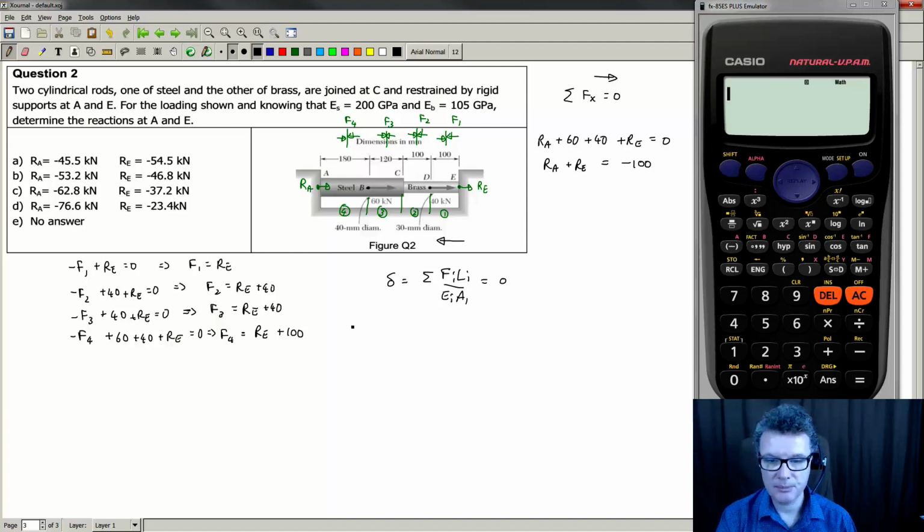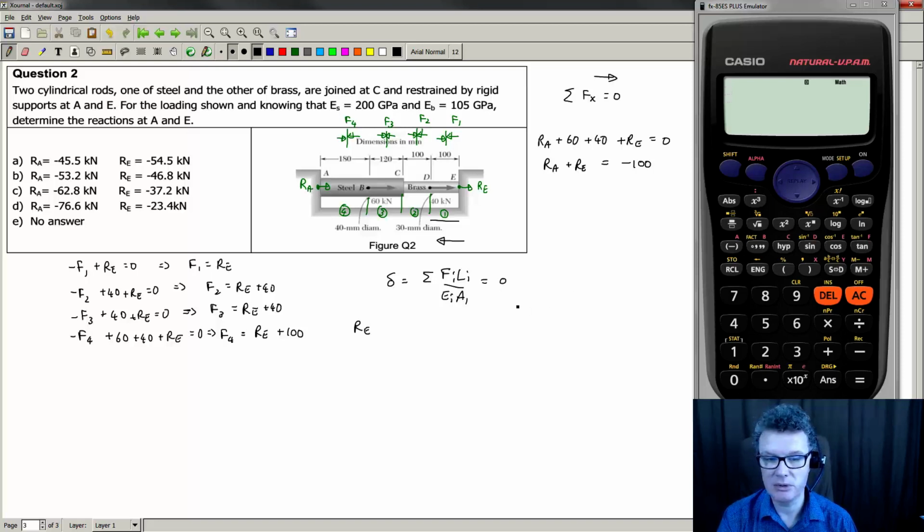Once we do that, we have RE times length 1. So what's length 1? Length 1 is this distance here. Now you could be a bit naughty here because you're going to end up with L, E and A values all the way through your equation, and it's equal to 0, so it's a homogeneous equation.